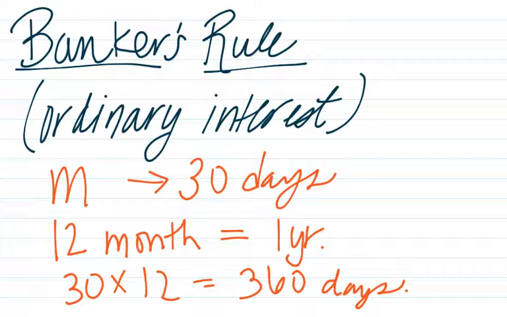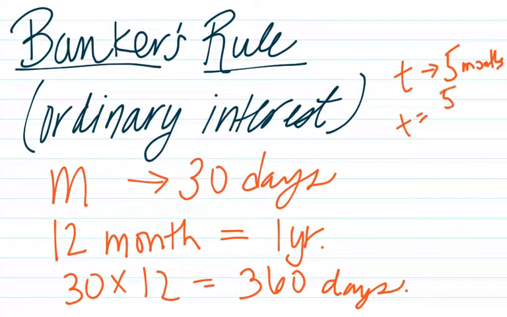So if time is given in months, let's say time is given as 5 months, we would write time as 5 out of 12.